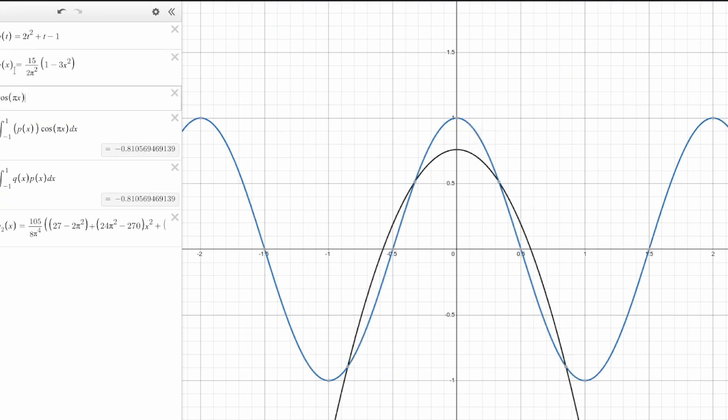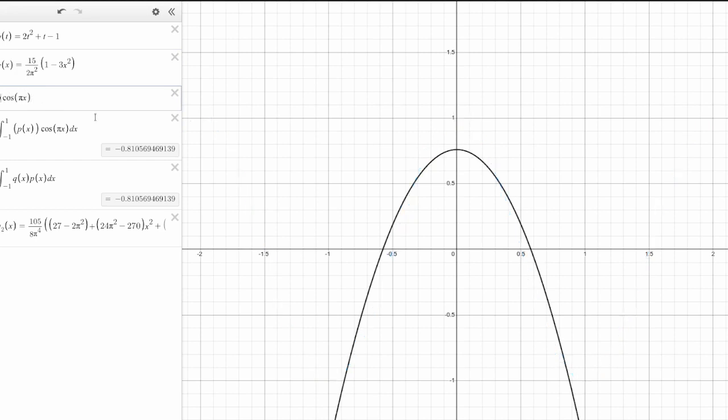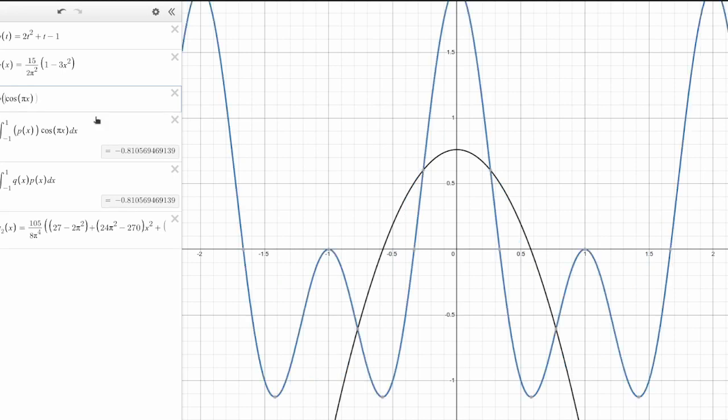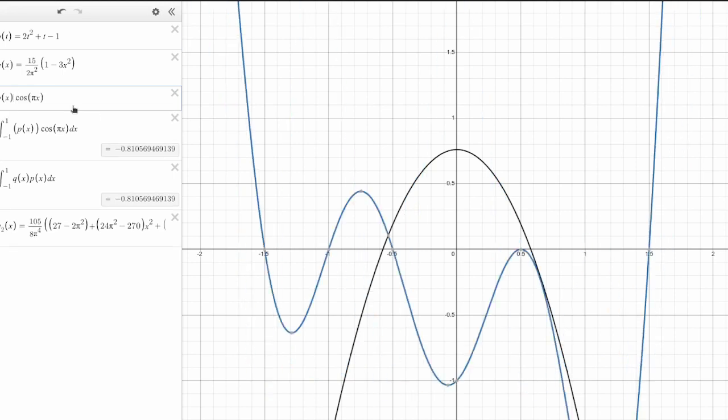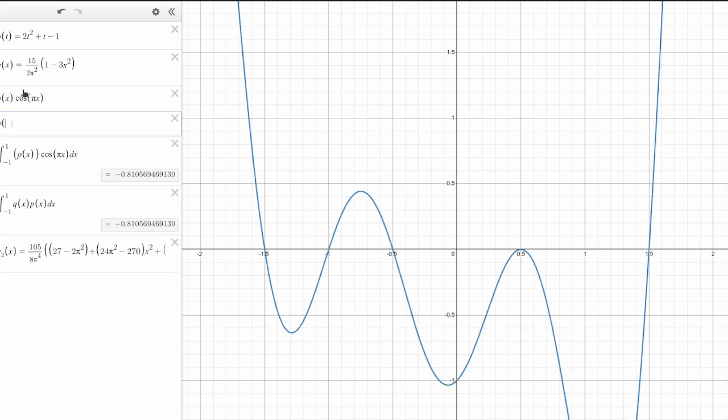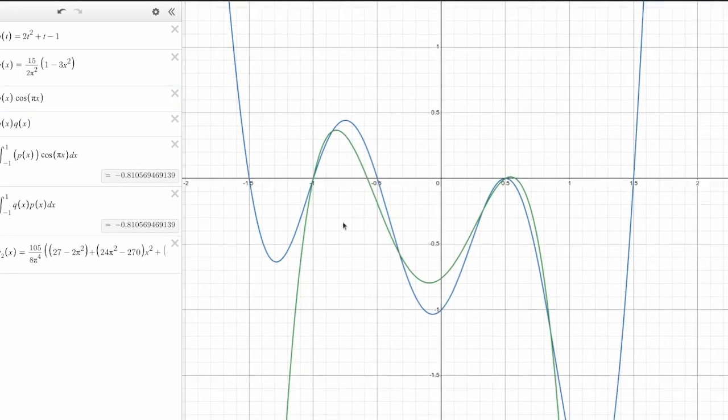So let me graph just really quick p of x cosine of pi x. And then I'll even also do p of x, q of x. And look, they're kind of similar, but they're not really that similar.